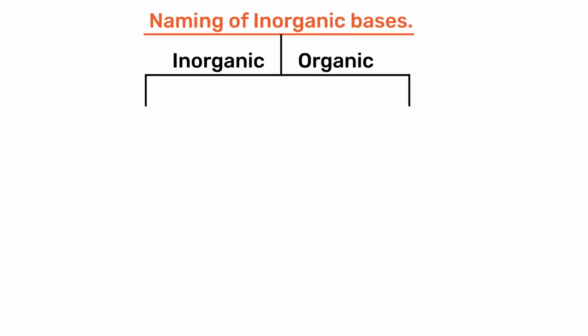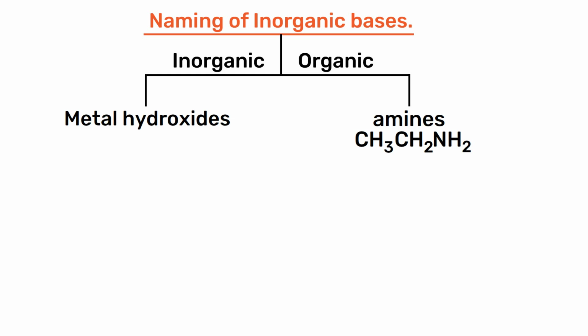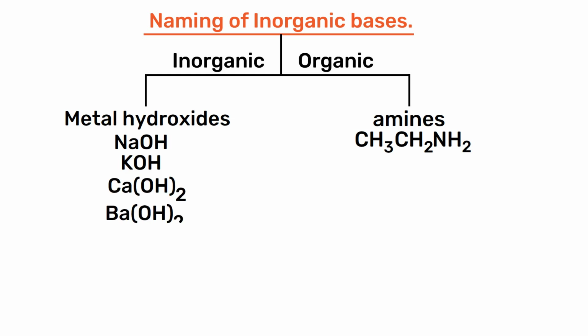For naming of bases, there are two types. You have organic bases, which are amines, and we'll discuss more about them in the next module. Inorganic bases can be of three types. One is metal hydroxides, for example, sodium hydroxide, potassium hydroxide, calcium and barium hydroxide.